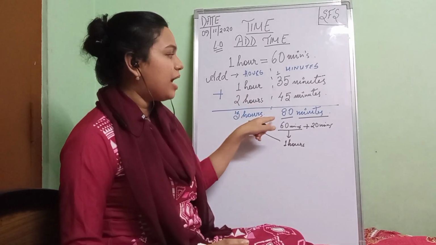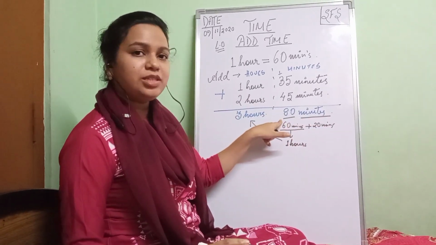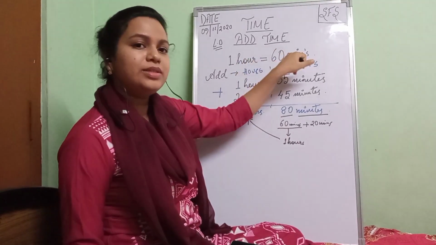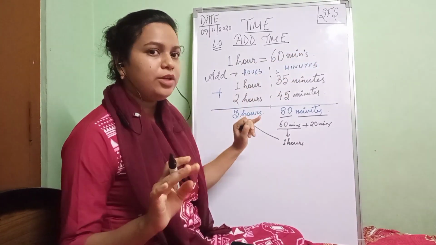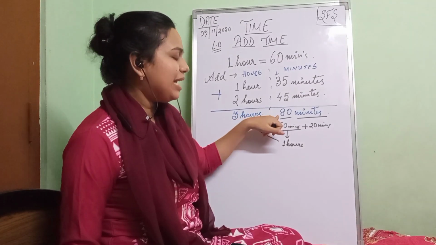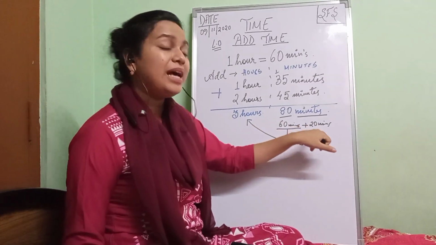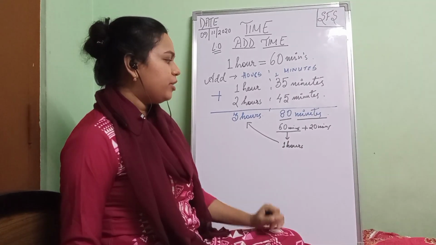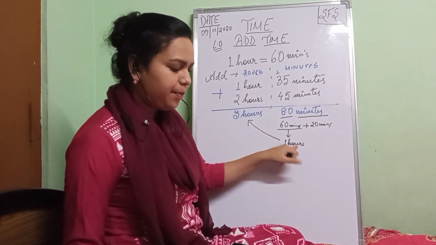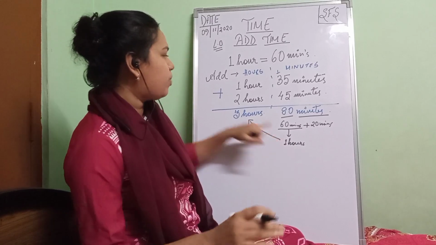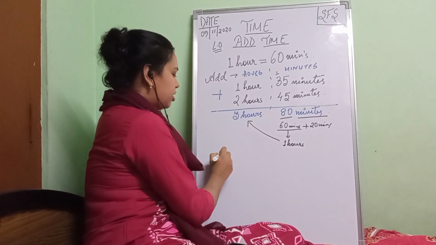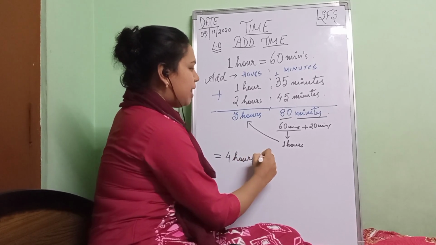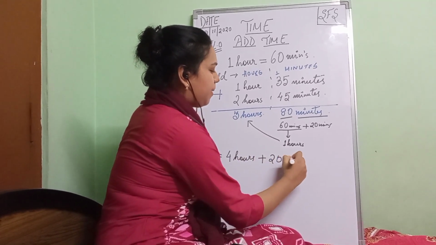An hour is hiding inside these minutes, right? Because 1 hour is equal to 60 minutes. So what do we do, children? We write 80 as 60 plus some minutes. And then what do we do? You have 1 hour here. What will you do? You'll add this 1 hour with 3. This will become 4 hours plus 20 minutes.